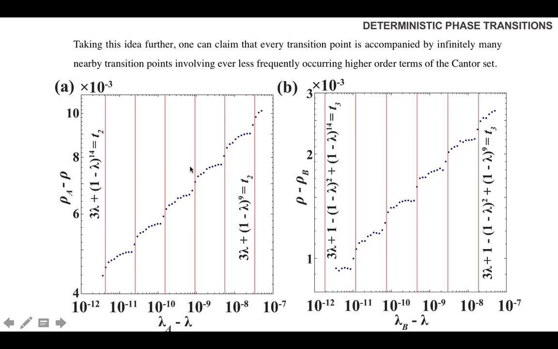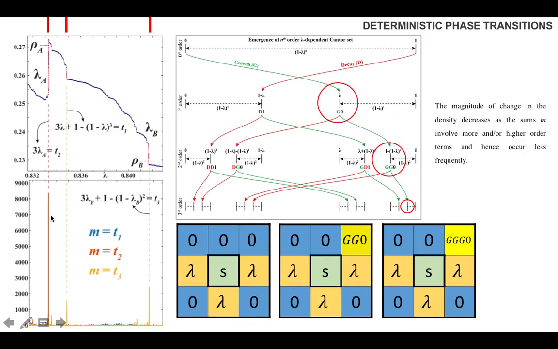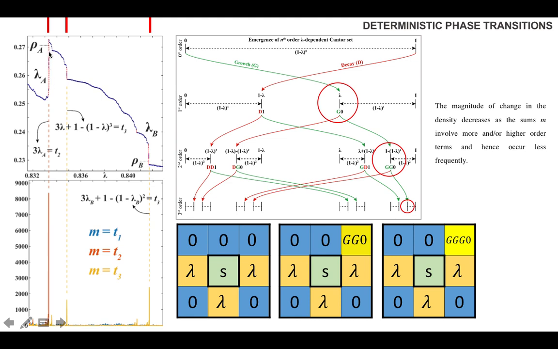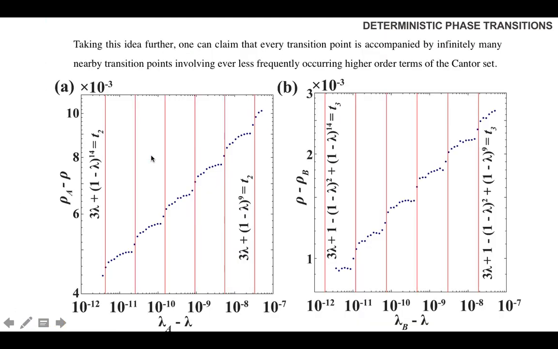All in all, if we look at these two main transitions, this transition over here at point lambda a and this one over here, lambda b, and plot these in log scale, you will see that you get a linear distribution, but you still have these self-similar features, which are a signature behavior in this particular system that needs to be understood even better.